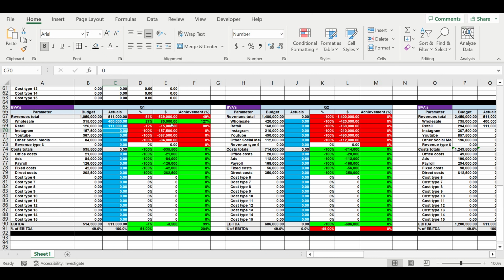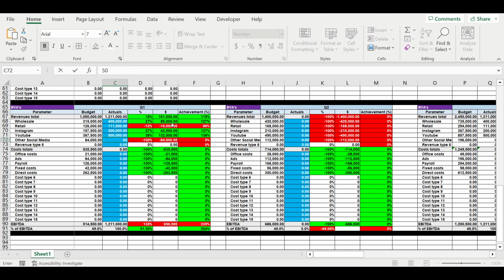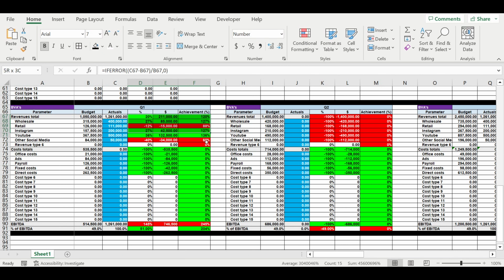Then for Instagram revenue we will have a bigger number. For YouTube we have, for example, a bigger number. For other social media we will have this number. As you can see, we have here the colored alert buttons showing us what is good, what is bad. We are using conditional formatting.